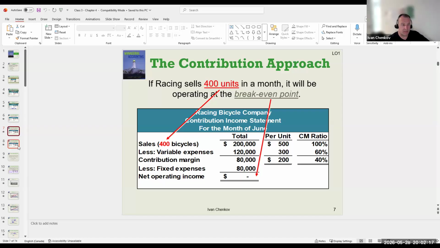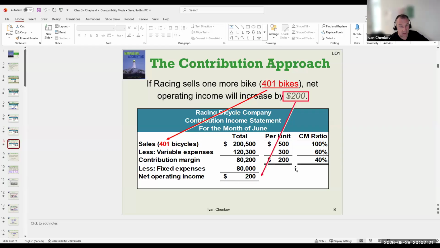What's going to happen if they sell one additional bike? The contribution of that additional bike is going to flow directly to the operating income. Why? Because every time you sell one additional bike, you get $200. Once you cover the fixed cost, every additional bike after that is going to give you another $200, and $200, and $200.